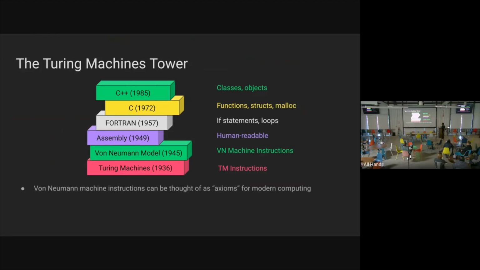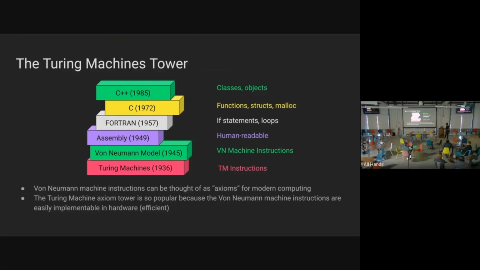So we can think of the von Neumann machine instructions almost like the axioms for computing, for modern computing, really. And the Turing machine, so this claim is my own. After studying the history of this, I asked myself the question, why is this tower, these languages specifically, so much more popular compared to the corresponding languages and ideas in the Lambda Calculus Tower?